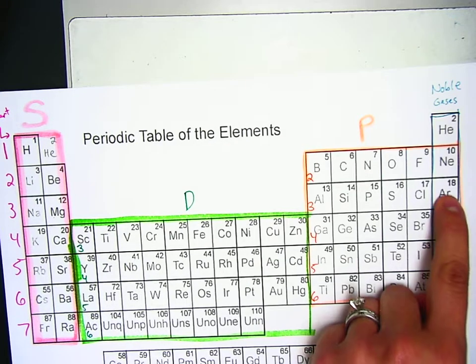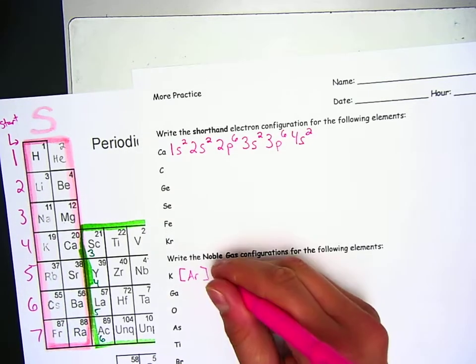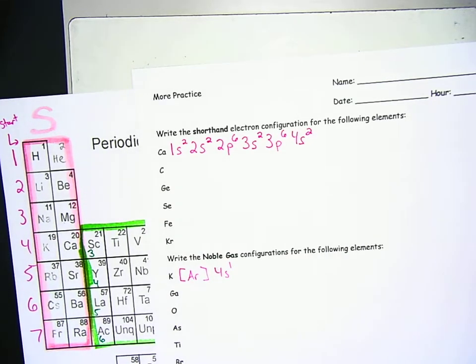So from argon, number 18, to get to potassium, you'd go to energy level 4, s1. And that would be your directions to potassium, and that would be it. So that's so much more concise, and a lot easier than the shorthand one, just another way to go about electron configurations.